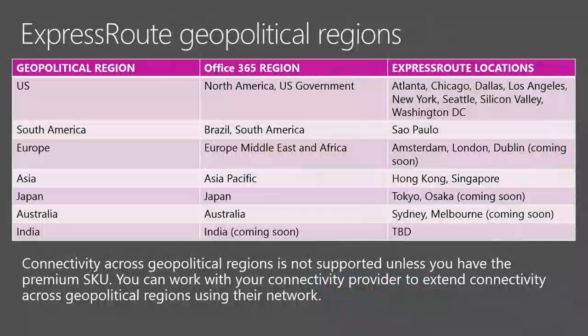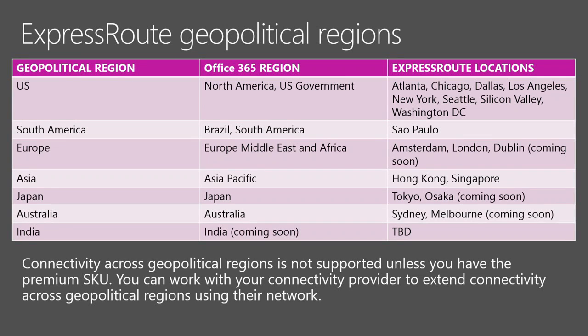So here are the geopolitical regions, and there are 7 of them, and there's a couple of coming soons related to that. And these are the regions in which you need to connect to Azure ExpressRoute if your Office 365 region is there. So, for example, if you are an Office 365 customer in Europe, you need to connect in the geopolitical region in Europe.